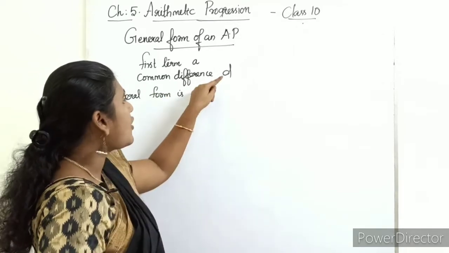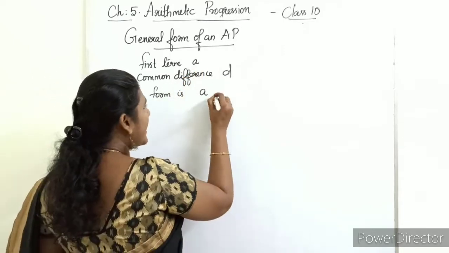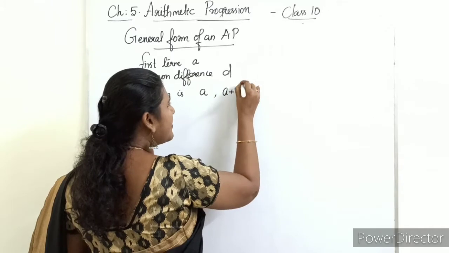When you add the common difference to the first term, you will get the second term. So we can write the second term as A plus D.